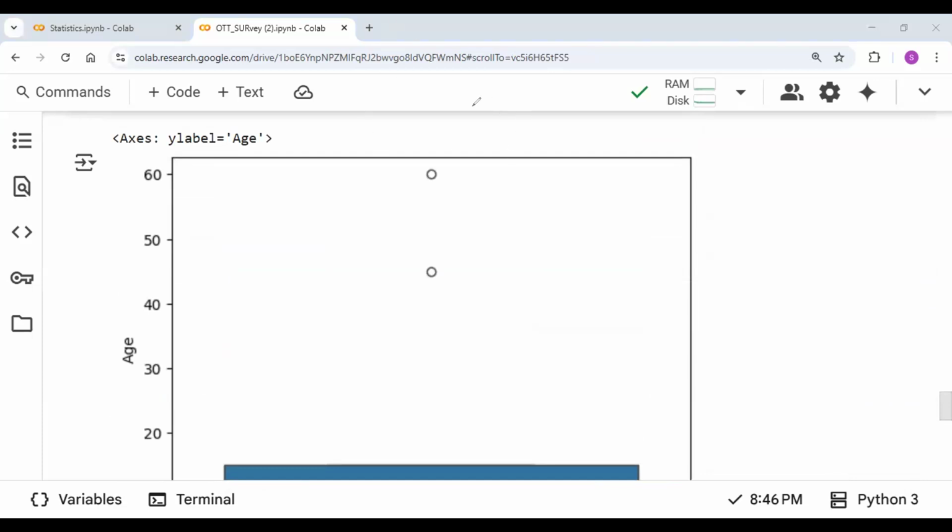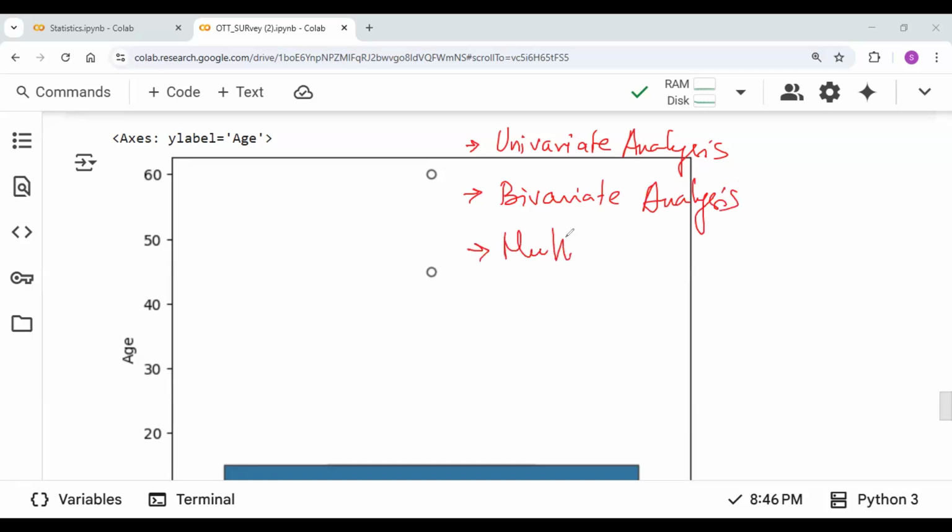Okay. To understand the data, you can do it in three types of analysis. One is the univariate analysis. Another one is the bivariate analysis. Another one is the multivariate analysis.